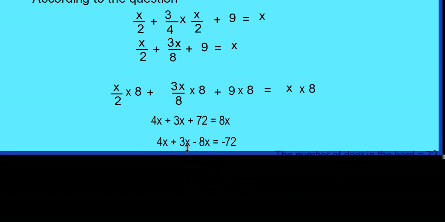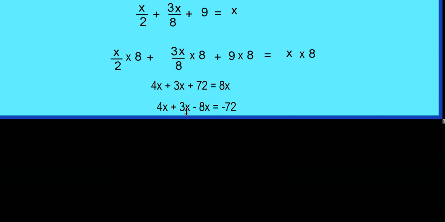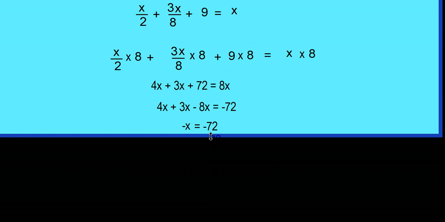So we can write 4x plus 3x minus 8x is equal to minus 72. Here 4x plus 3x is equal to 7x. 7x minus 8x is equal to negative x. That is equal to negative 72. That is, negative x is equal to negative 72.